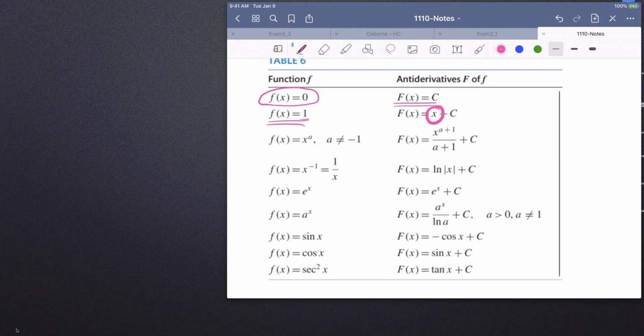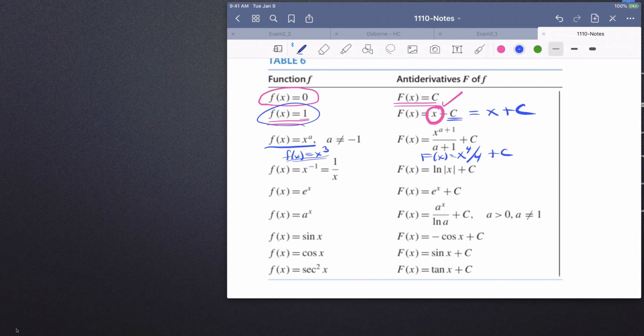But once you know that one antiderivative, if you add any constant onto it, that will also be an antiderivative of 1. We also have the power rule for antiderivatives: for example, if you have the function x cubed, then the antiderivative will be x to the 4th divided by 4 plus any constant. That is the most general antiderivative of x cubed.